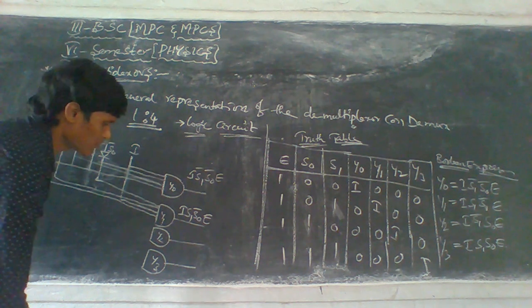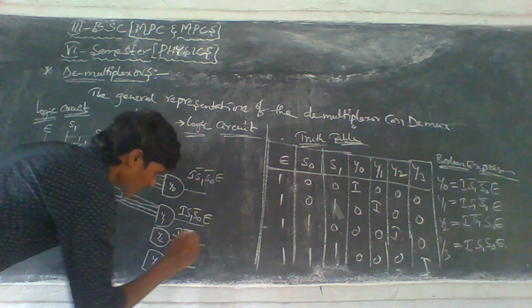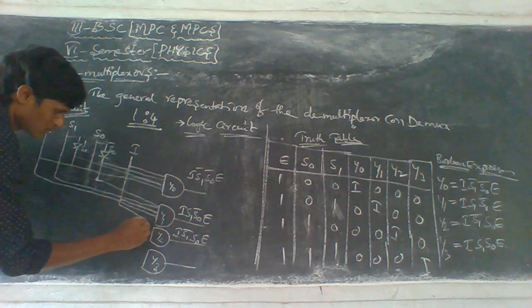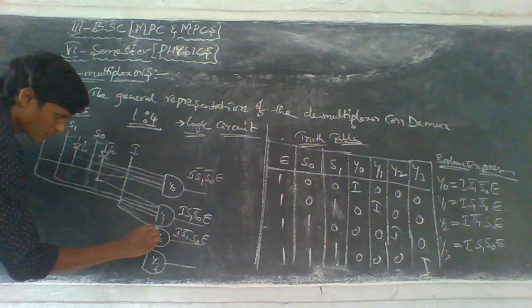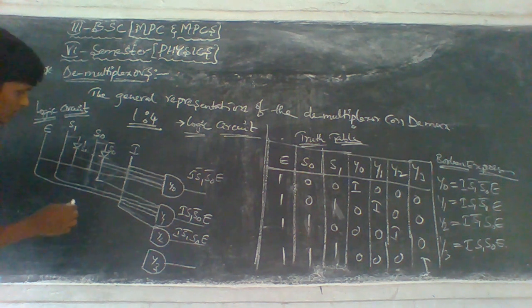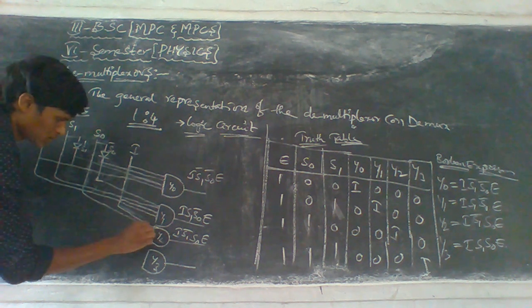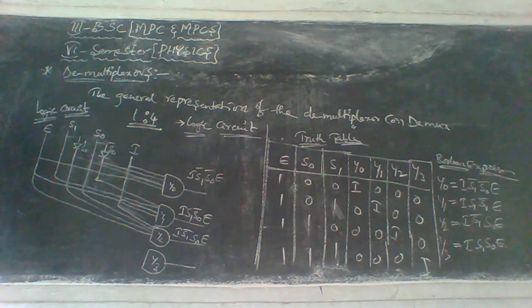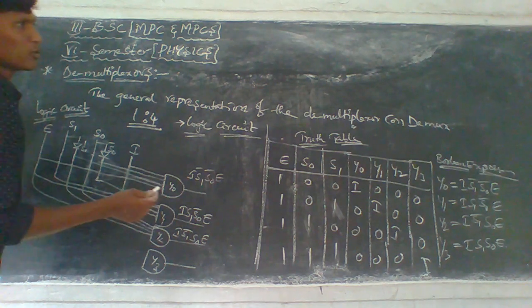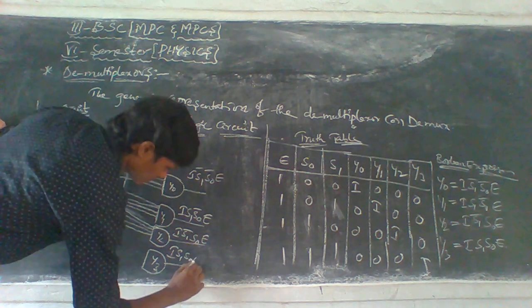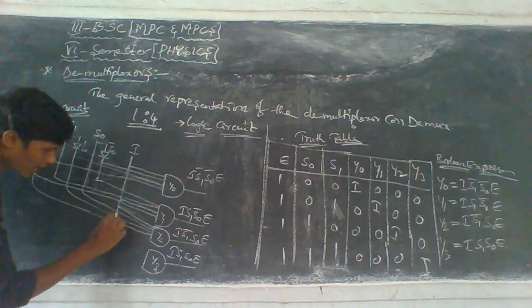The Boolean expression of Y2 is I, S1 bar and S0 and E. So I is connected to Y2 along with S1 bar, S0 and E. And the Boolean expression of Y3 is I, S1, S0 and E. I, S1, S0 and E are connected to Y3.